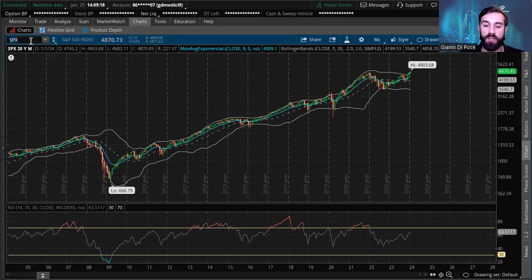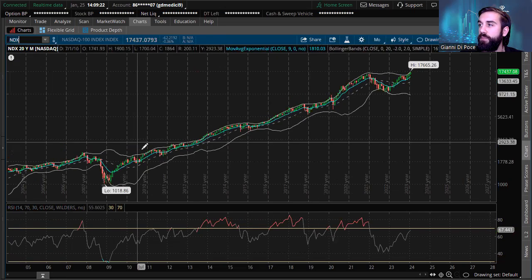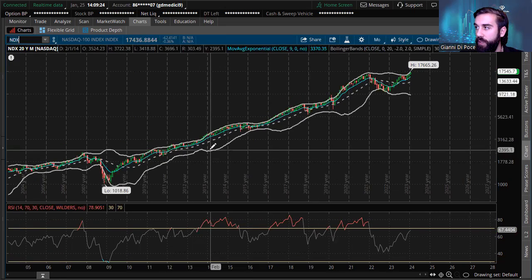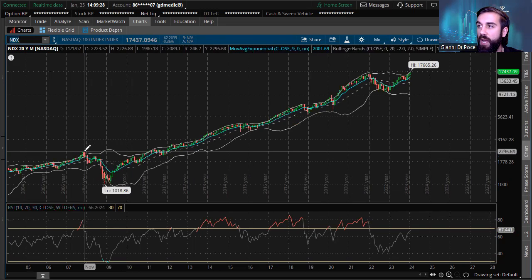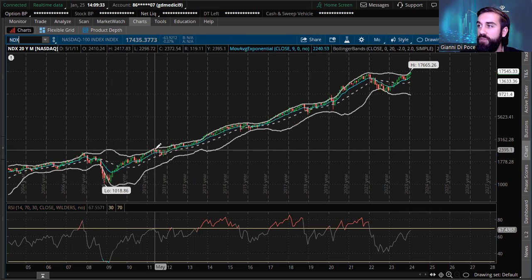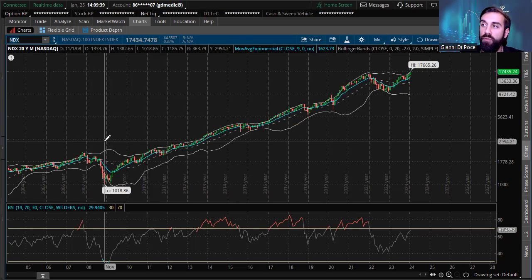And I actually want to take a look at the NASDAQ 100 in this case, just to mix it up a little bit. But you can see here that the NASDAQ didn't take out that high from October of 2007 until April of 2011. Okay. So that's why you have to combine other indicators aside from just trend following.